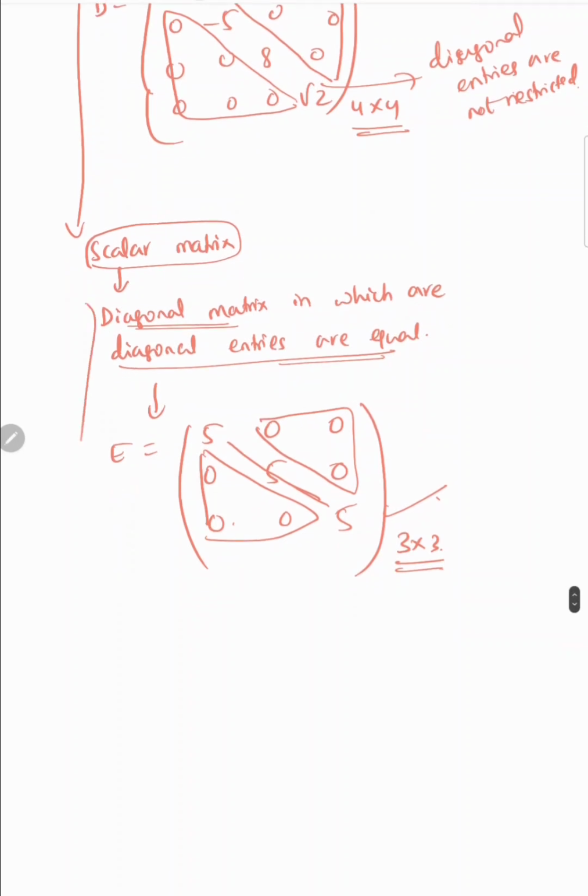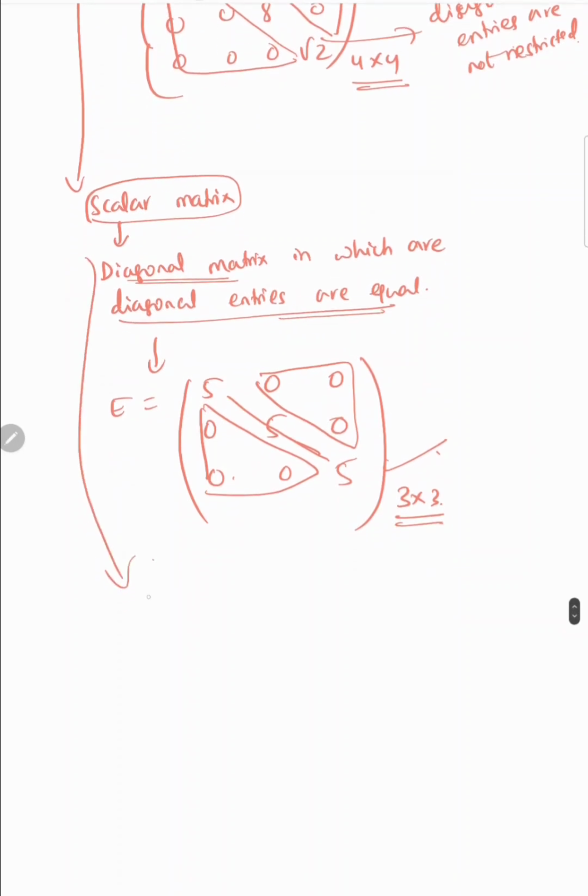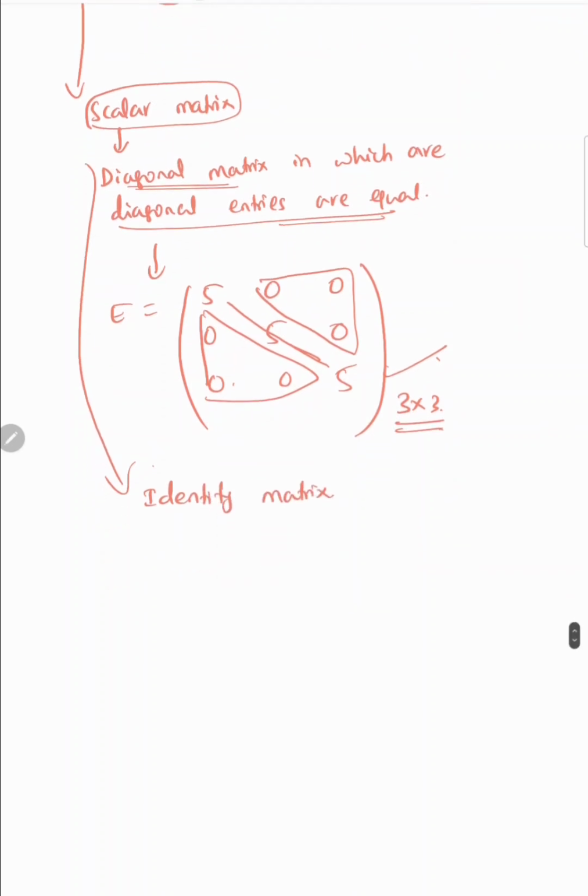Now, for a particular case of the scalar matrix, we have one more matrix called the identity matrix. For a matrix to be an identity matrix, it should be a scalar matrix in which all diagonal entries are equal to 1.